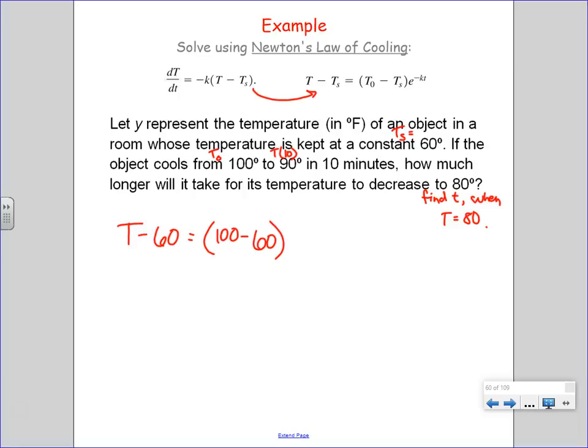That's how many degrees it needs to cool, right? Or it can cool, because you're going to cool to room temperature and then stop cooling. Times e to the negative kt. Okay, hold on. This is our main formula, right? We could say T of little t is equal to 40 e to the negative kt plus 60.